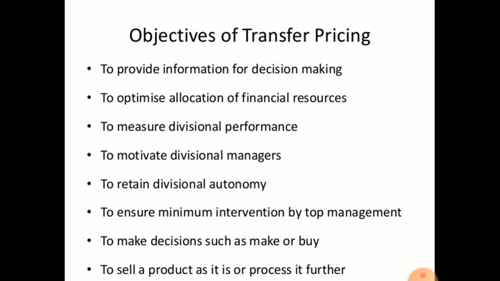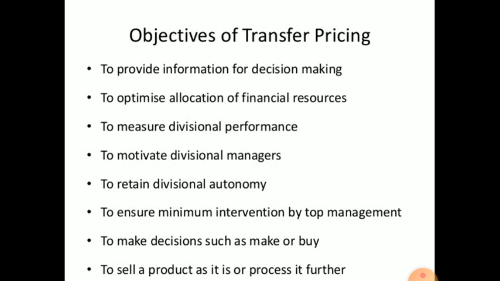To retain divisional autonomy, the divisions can retain autonomy in the organization. To ensure minimum intervention by top management. Here, transfer pricing ensures minimum intervention by the top management for the internal transfer of the product or services from one department to another department.